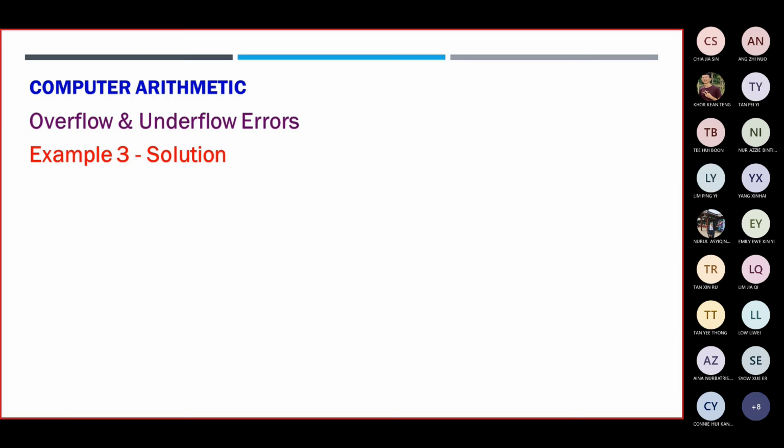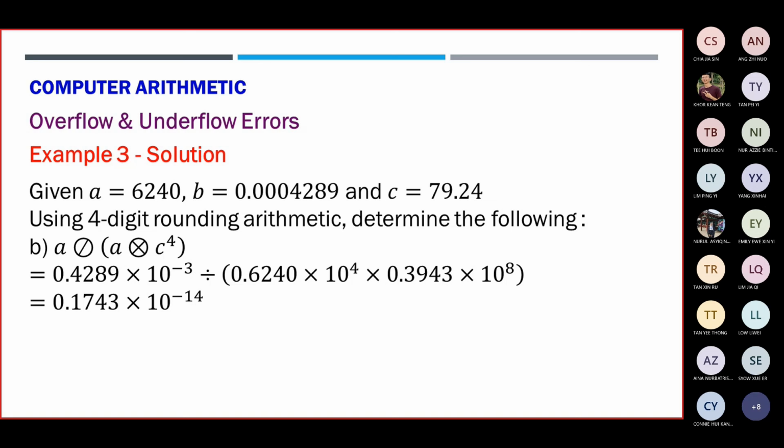Now take a look at example number 2. Example 2 is a divided by (a times c) power of 4. As I said earlier, the first step is you need to change into NDFP form. Since it is given as 4-digit rounding arithmetic, just leave it in that form.